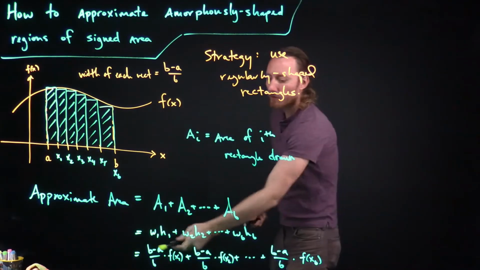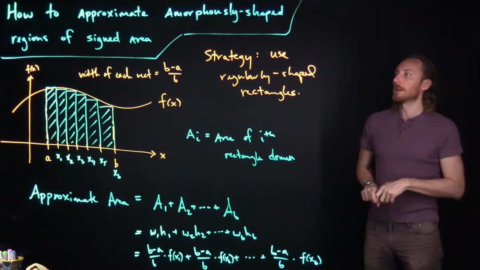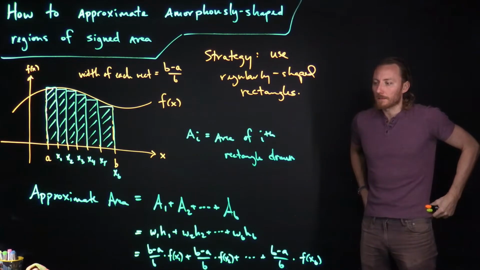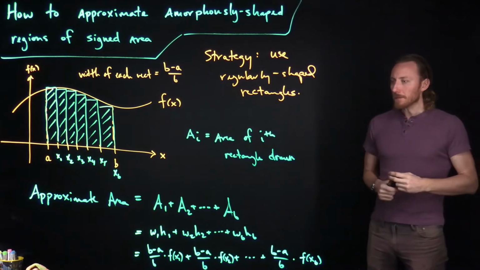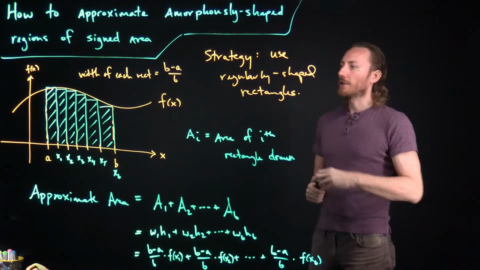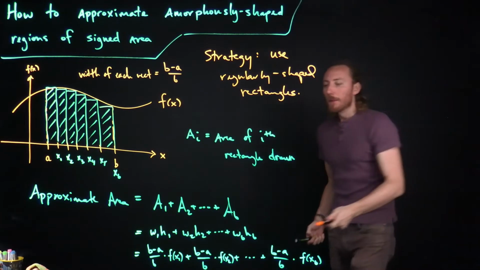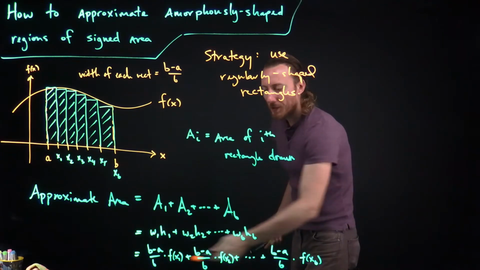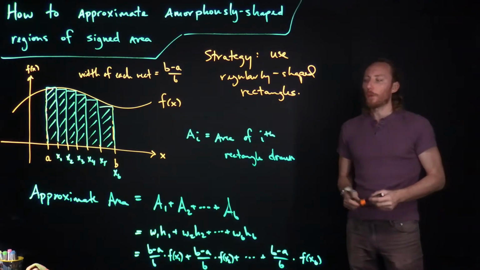But what you notice here is essentially the sum of the areas of the 6 rectangles provides us with that approximate area for our function, the signed area of the region between the function's graph and the horizontal axis. What I will say is, if you notice this computation, this sum takes a very regular form.